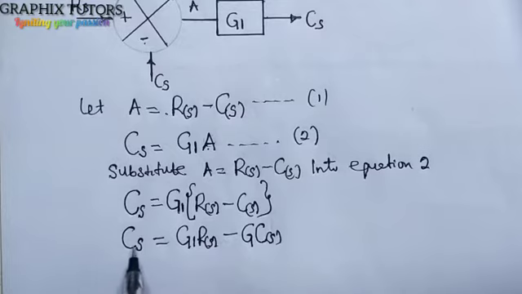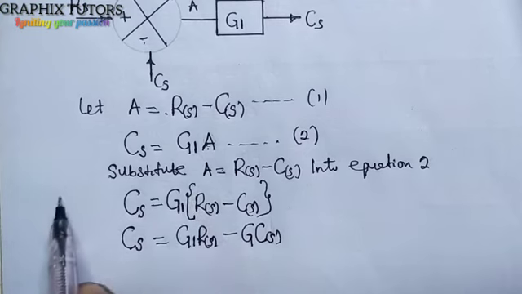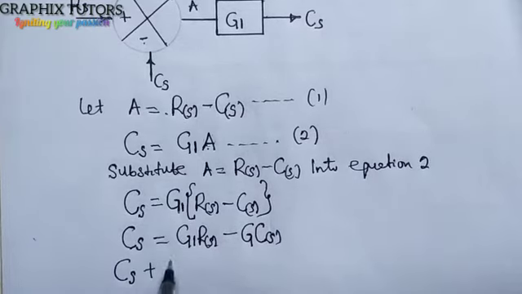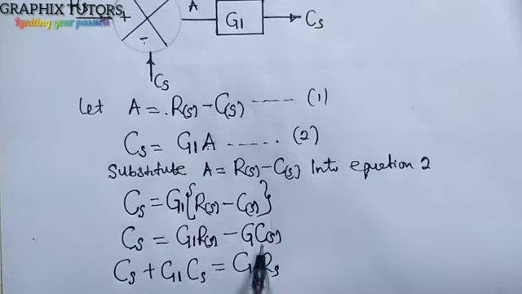Because when I collect like terms, I have CS here, and your output signal must always be at the left hand side, because the transfer function is the output over what? The input. So collecting like terms, it will be CS plus G1 CS equals G1 RS. So I've taken this to the other side, making the polarity become positive.